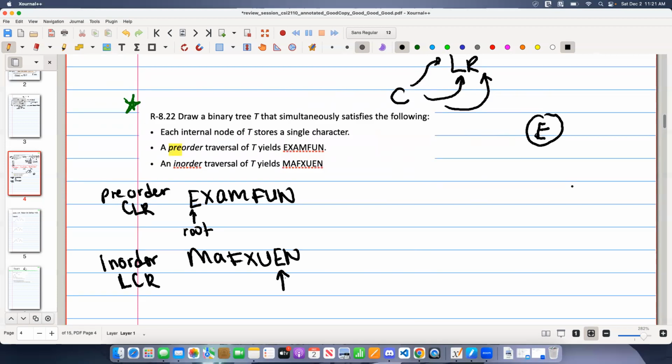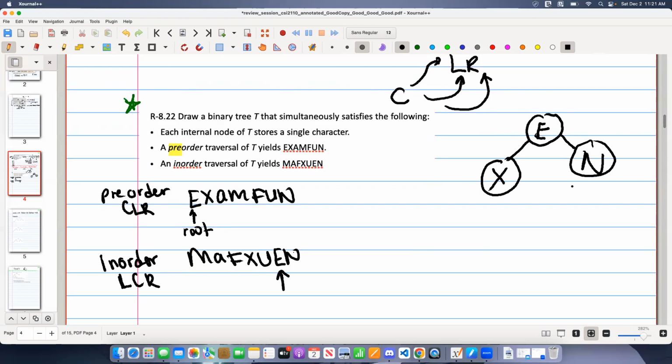We see, okay, this is where our E is. To the right of E is N. So we know that N is going to be to the right. Okay, and then we go back to pre-order. We see that X is the next center node. But you see, pre-order goes from center, left. So X is going to be towards the left of E.